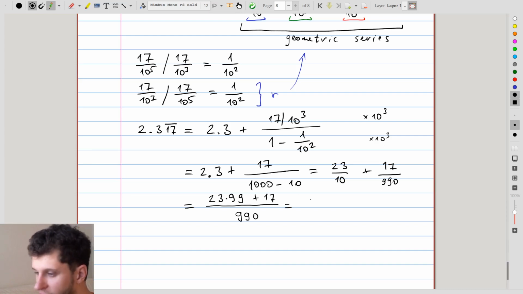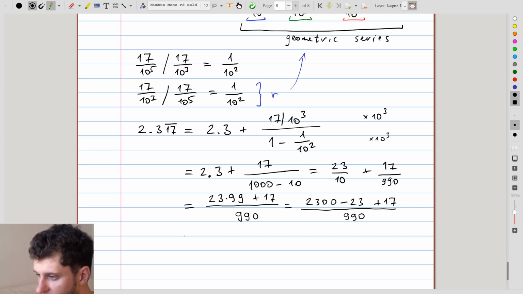So it's as simple as multiply by 100 and subtract the number itself. Clearly it's the same value because multiplying by 100 and subtracting the number is the same as multiplying by 99. You just need to factor out the 23. And so it's this difference plus 17 divided by 990.